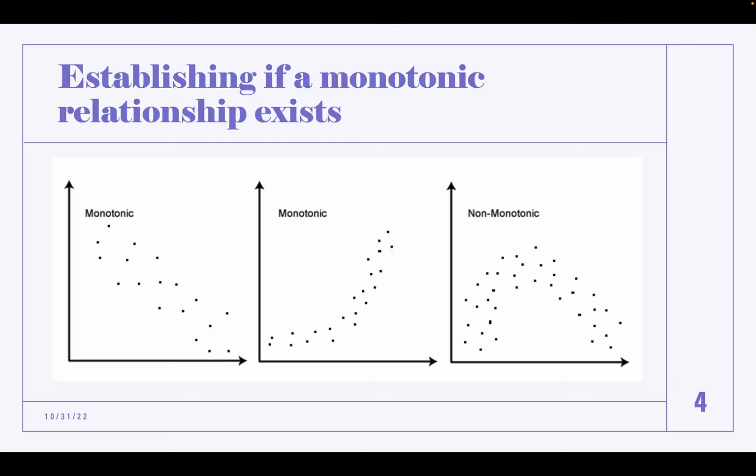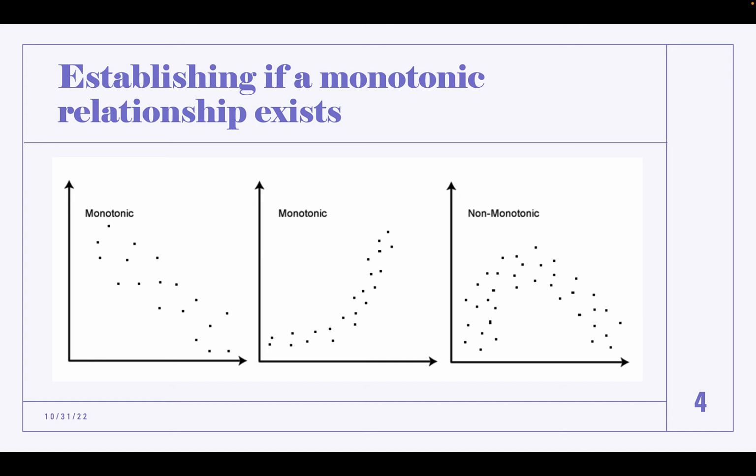All right, so just to give you an idea visually of what a monotonic relationship looks like, in the scatter plot on the left, we see a scatter plot of a monotonic decreasing relationship, and it looks a little bit linear to us. But then notice in the scatter plot in the middle, we see a monotonic increasing relationship, but this looks to be a little bit more exponential, right?